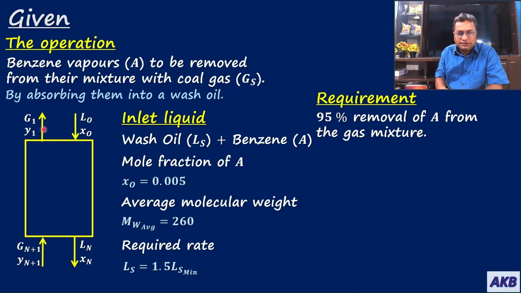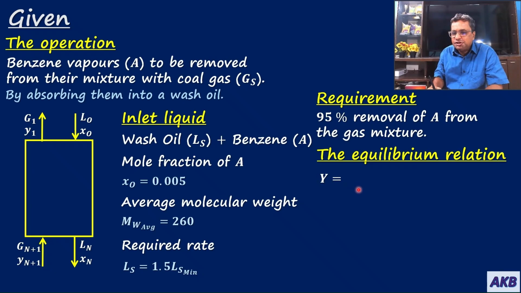When the gas comes out, it will contain just 5% of the light oil vapors, because 95% would have been absorbed into the liquid solvent. The equilibrium relationship is directly given to us. It is capital Y equal to 0.125 capital X. Capital Y and capital X are mole ratios in the gas and liquid phase respectively.